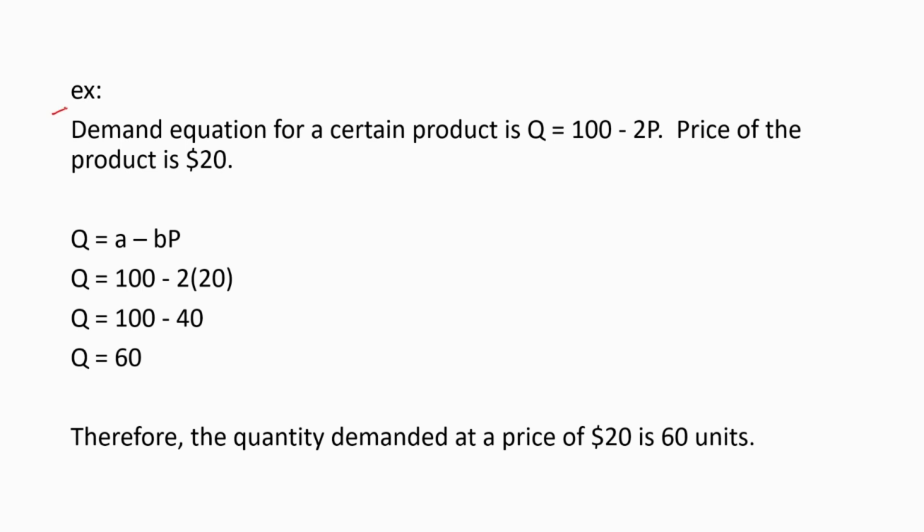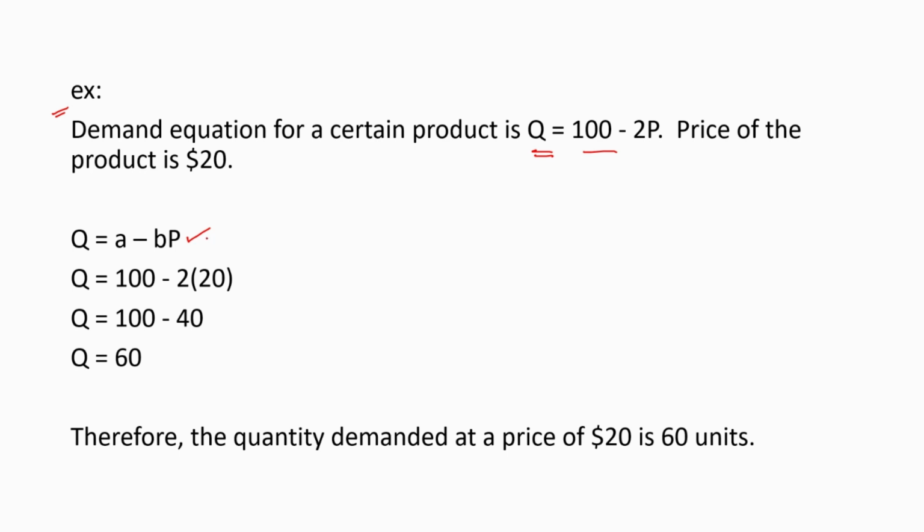Now let's do this example. Demand equation for a certain product is Q equals 100 minus 2P. Price of the product is $20. So now we can find the quantity or the demand using this data. So this is the demand curve equation.